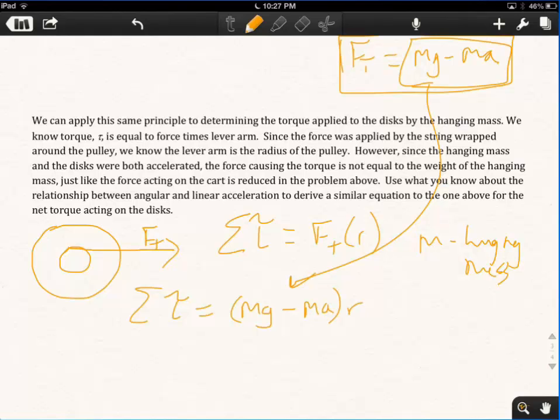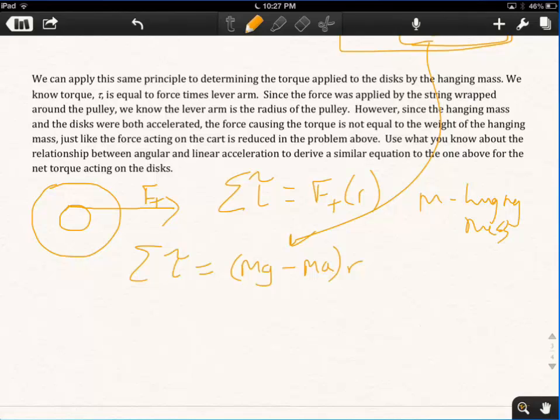Now it says use what we know about the angular and linear acceleration to derive a similar equation to the one above for the net torque acting on the discs. We had everything in angular acceleration, so we're going to try to put that into angular acceleration. So I'm going to say net torque equals mgr, distributing that through, minus ma times r, except we don't know a.